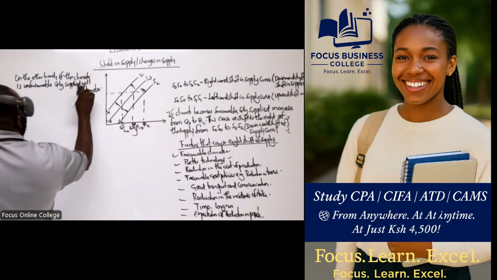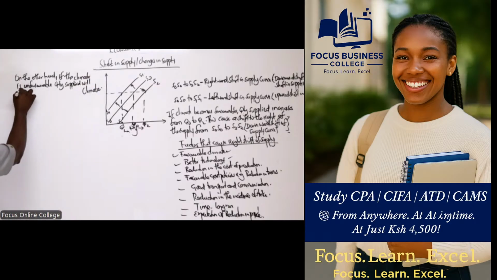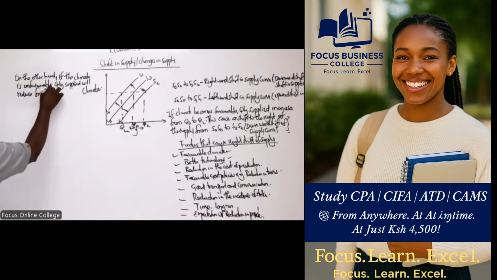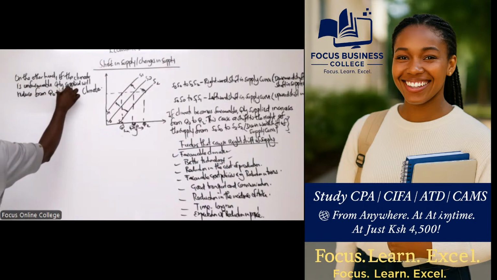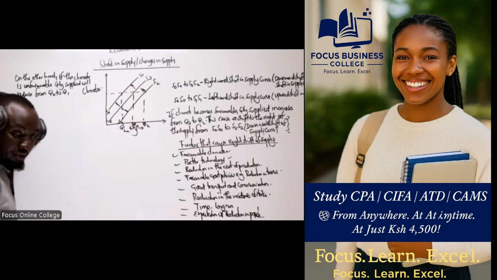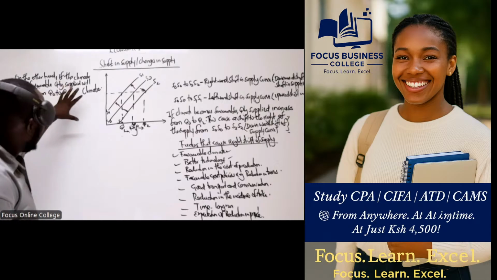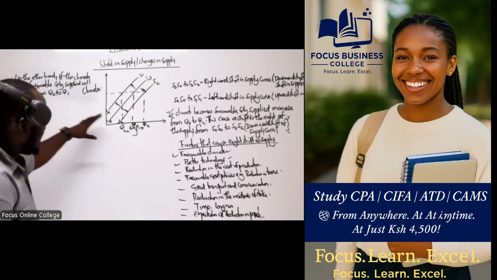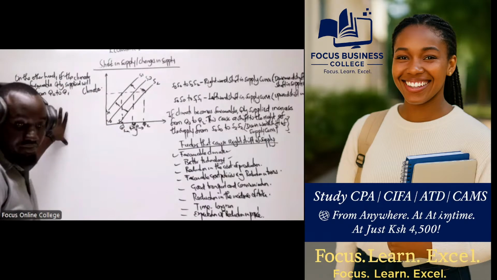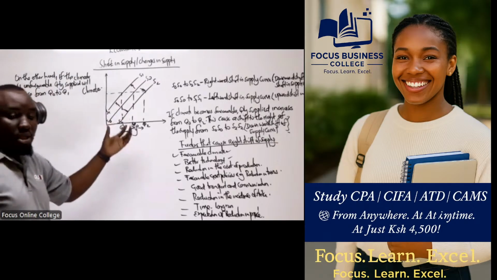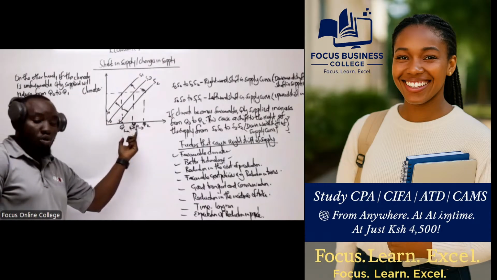We know that it will reduce. Quantity supplied definitely will reduce from Q0 to Q1. So on the other hand, if the climate is unfavorable, the quantity supplied will definitely decrease from Q0 to Q1.